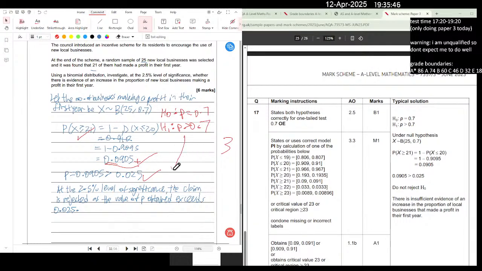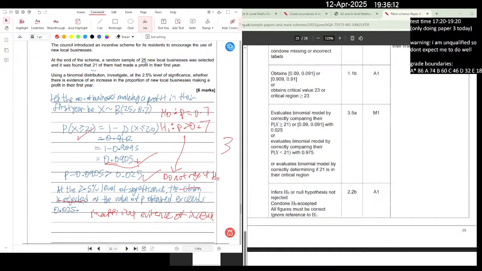And then after this, it's just, yeah, do not reject H0. Then I think this word should be insufficient evidence of increase.